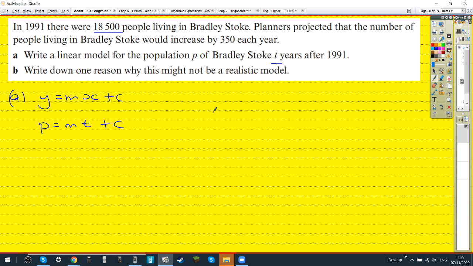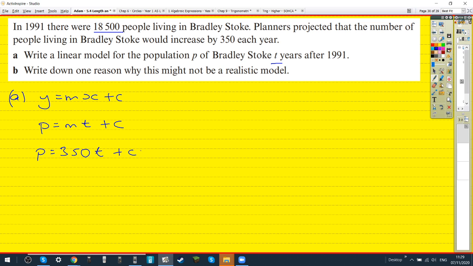Oh, sorry, plus that because it's increasing. So would C be plus 350? M is 350 because that's what it's going up in. So would it be P equals 350T plus C?